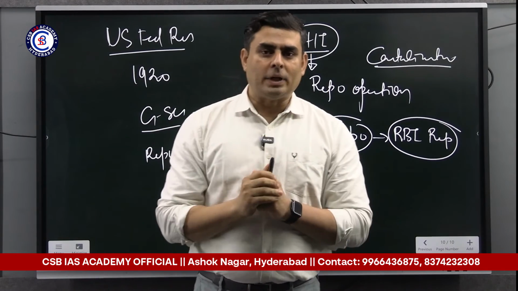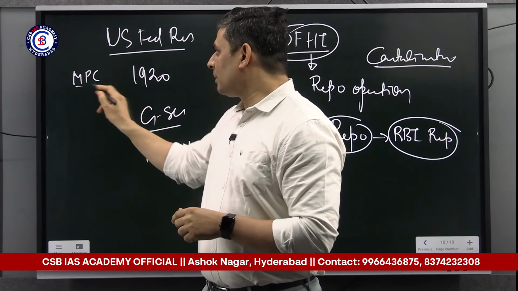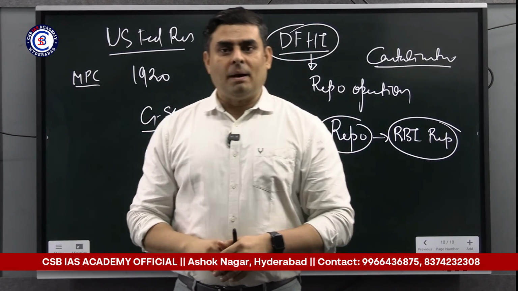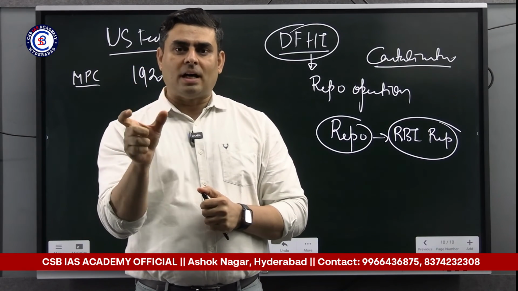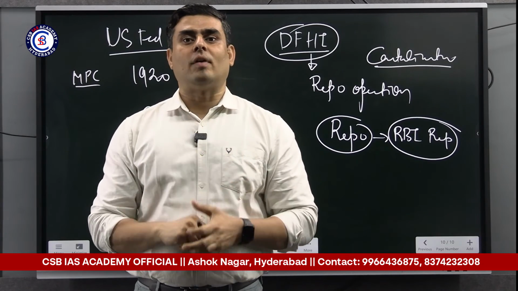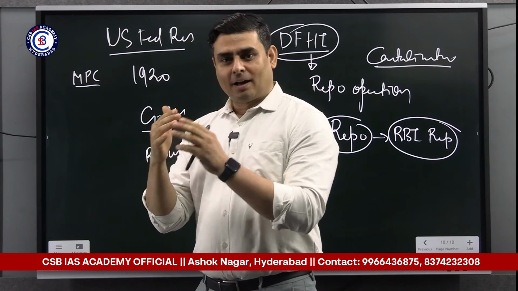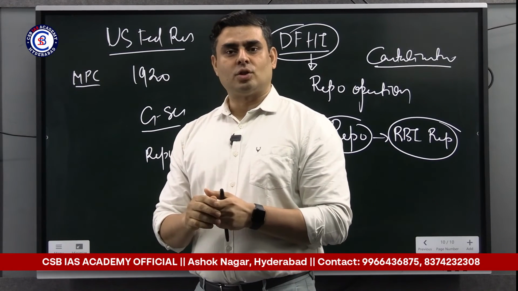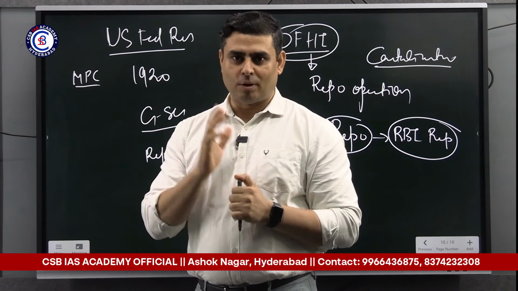So I hope you know that there is an MPC system in India, monetary policy committee system in India, and they fix what? Repo. But can you tell me what is still out of the context of MPC but in the control of RBI? RBI is also part of MPC. The Governor of RBI, and one deputy governor who is in charge of monetary policy, is also part of the monetary policy committee.